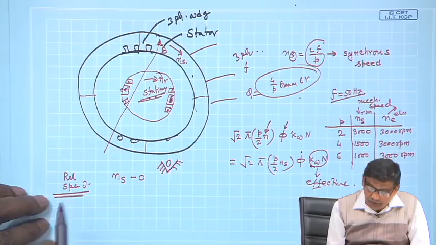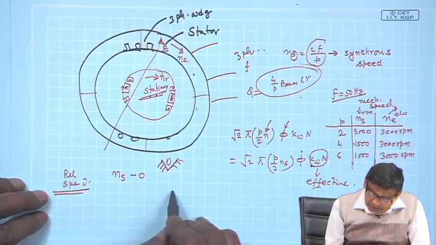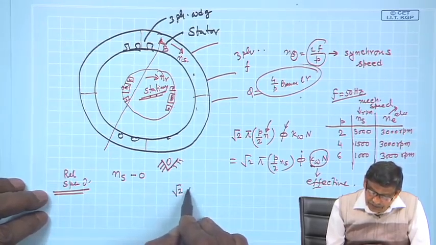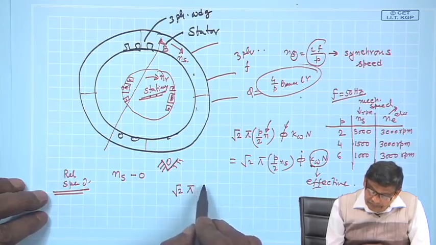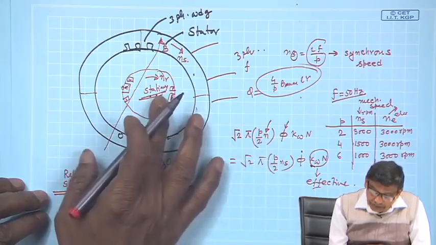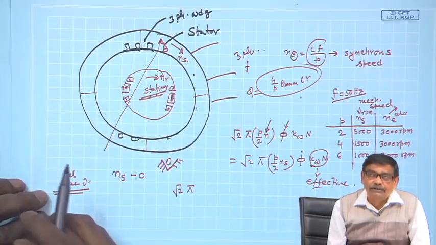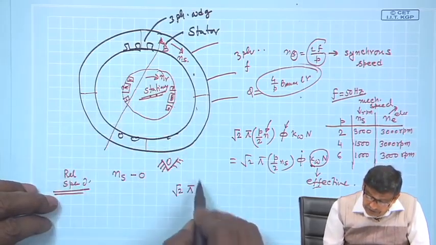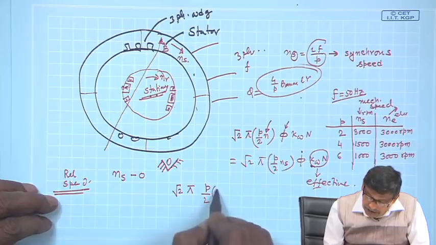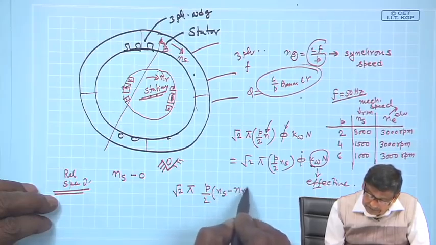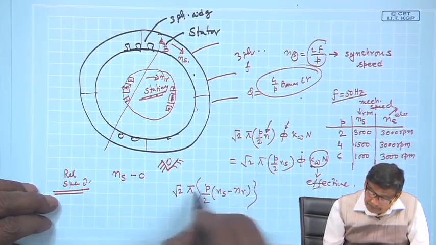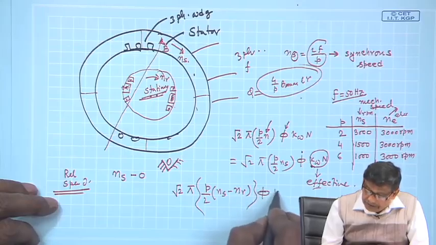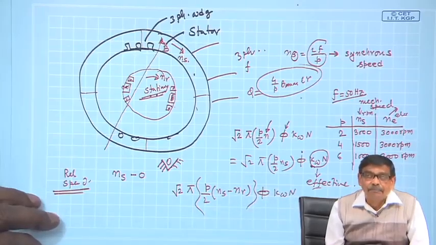Then what you should write, root 2 pi, this thing which will cause this voltage is the relative speed. If they are moving in the same direction, it should be p by 2 into n_s minus n_r, flux per pole, k_w into N.